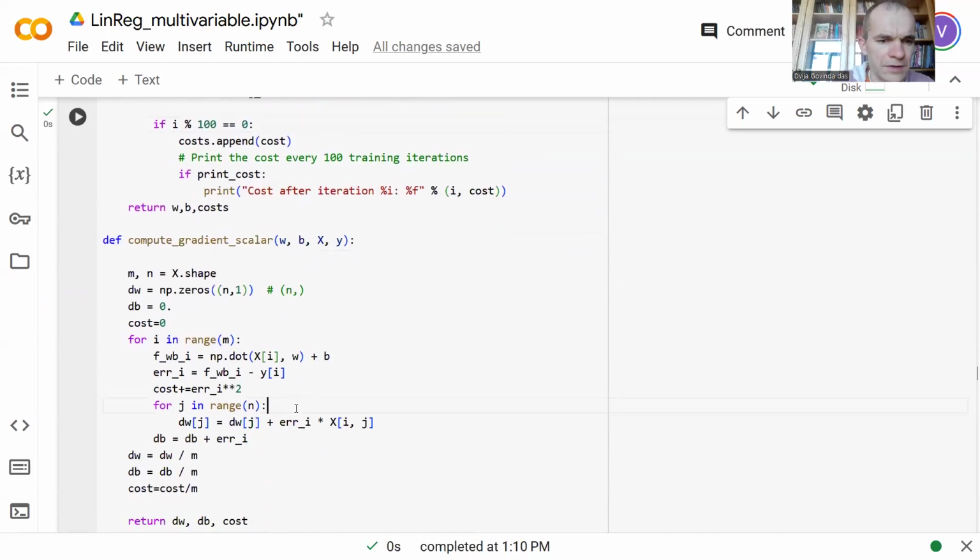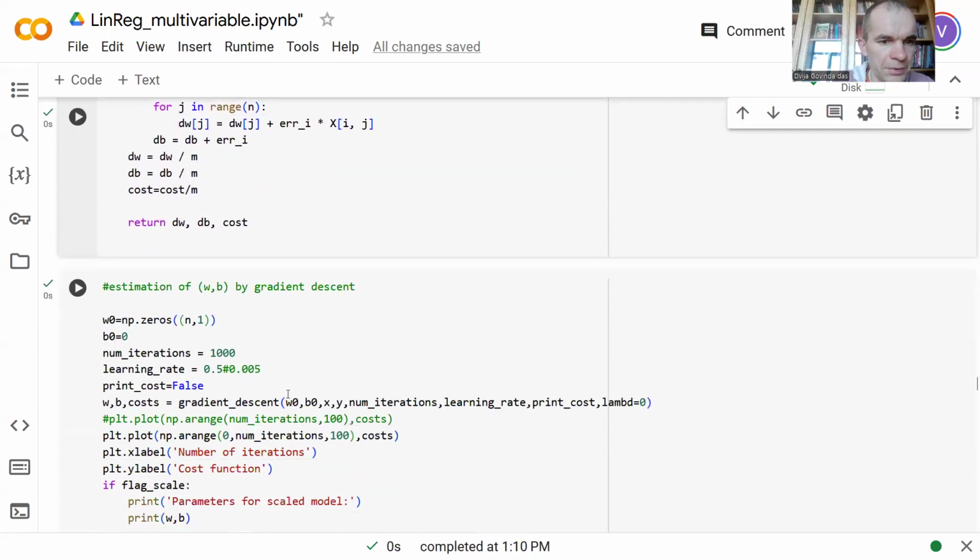I also added the scalar, not vectorized implementation. We can later compare the convergence speed, the time of work for both functions.